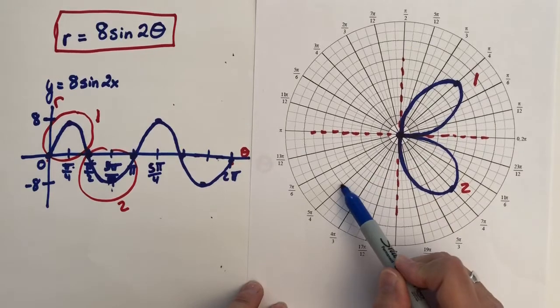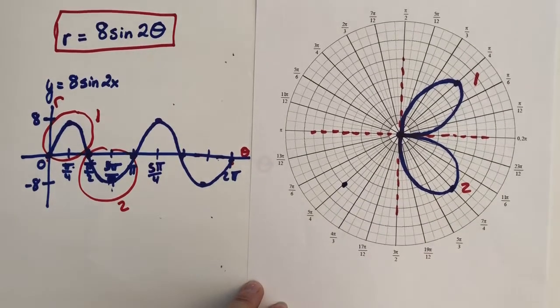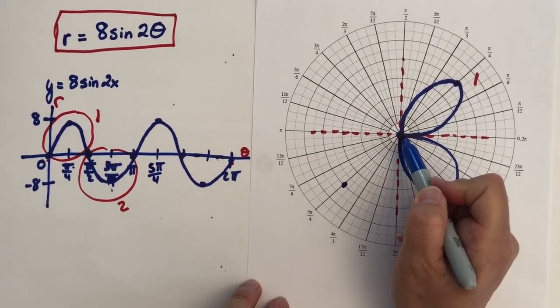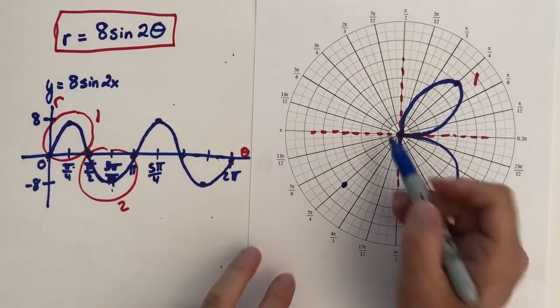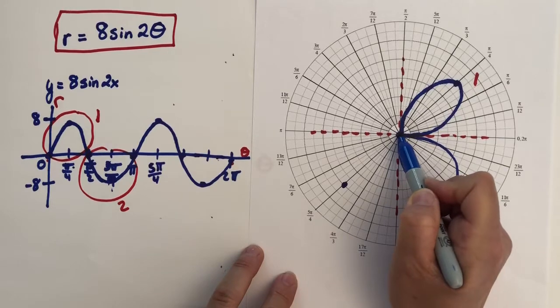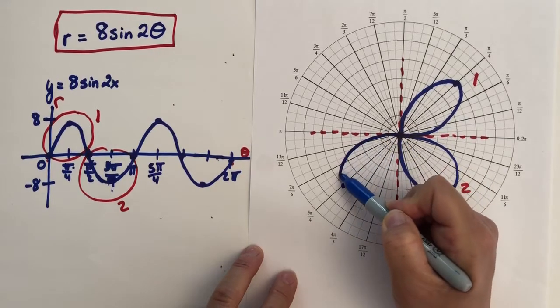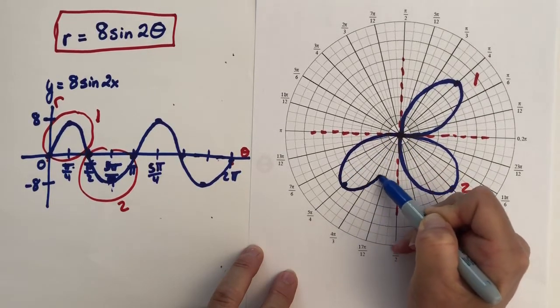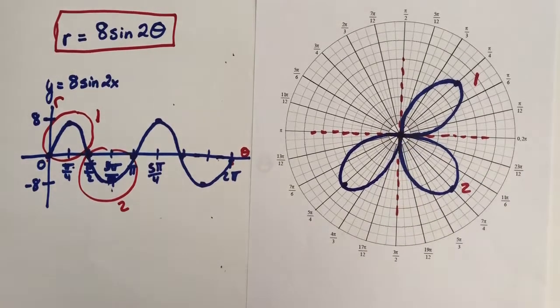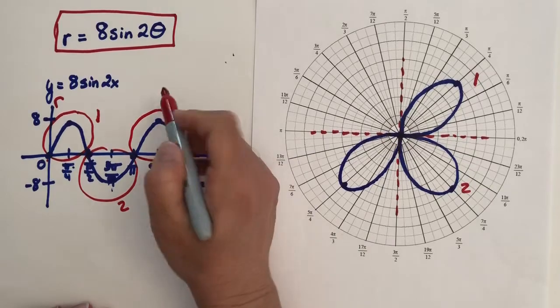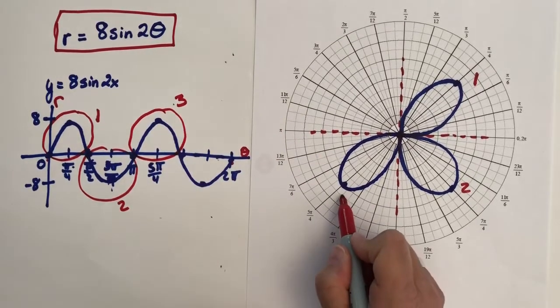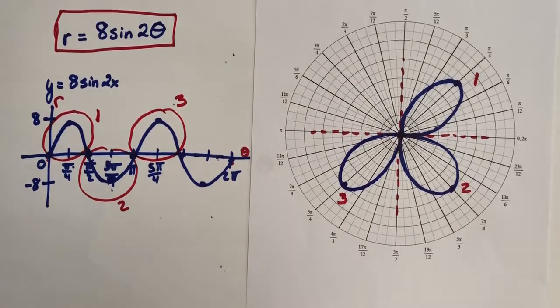So let's go out to 8. So my graph will go out to 8 and back down to 0. So again, it's tangent to these lines. So out to 8 and come back to 0. So this piece of the rectangular graph translated to this petal right here.